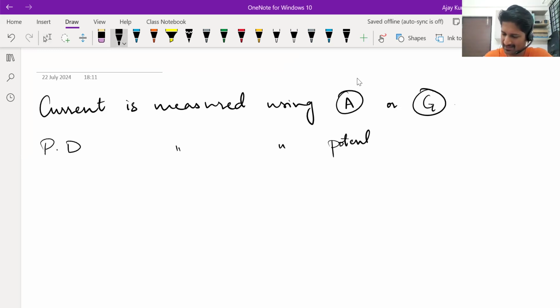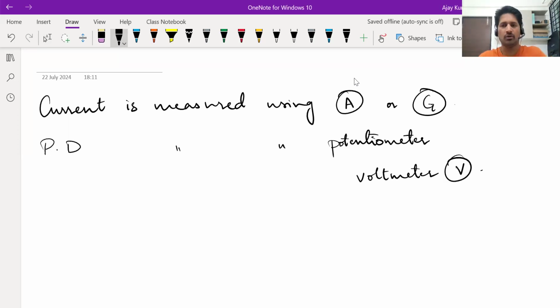Any other device? Okay, you can use a voltmeter also. In fact, voltmeter also can be made from a galvanometer. Again, you'll learn that in the next chapter, how to convert a galvanometer to ammeter and voltmeter. Potentiometer we'll learn in this chapter itself. So these two are devices used to measure potential differences, potentiometer and voltmeter.